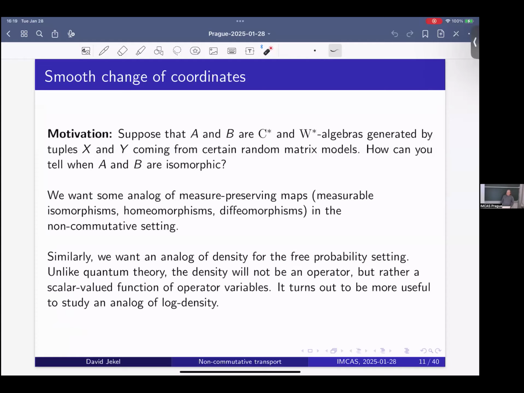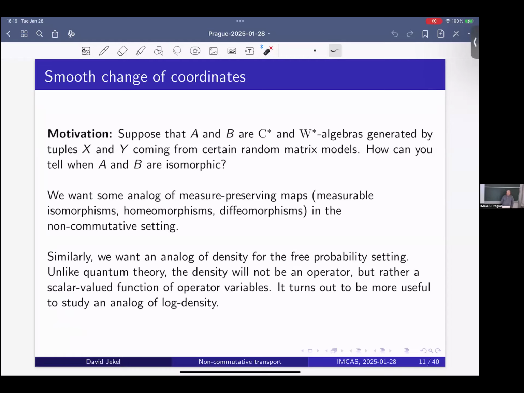And in the setting that I care about for random matrices, you have maybe some kind of analog of smooth density, or you're coming from some nice random matrix model, and you want to be able to have an analog of some kind of change of coordinates, which could be, if you want, homeomorphism or diffeomorphism or measure preserving transformation, depending on what particular result you're aiming at.